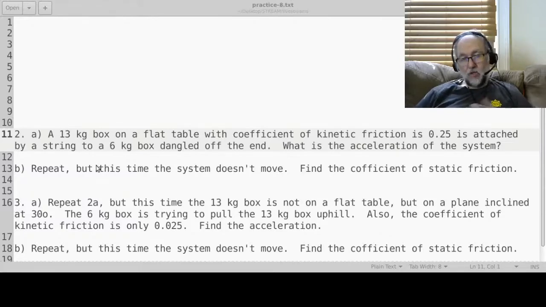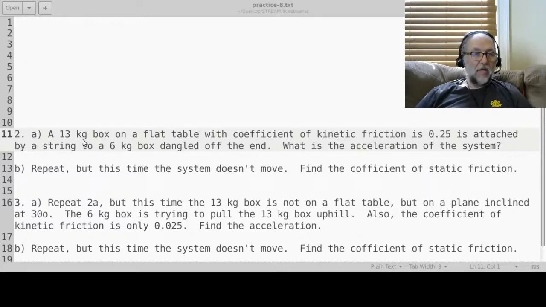We didn't do part B, so we'll pick up from there, and then we'll also do question number 3 here. Question number 3 will sort of combine questions 1 and 2. I'll put a box on an inclined plane, but it's also attached to another box which is dangling over the end.